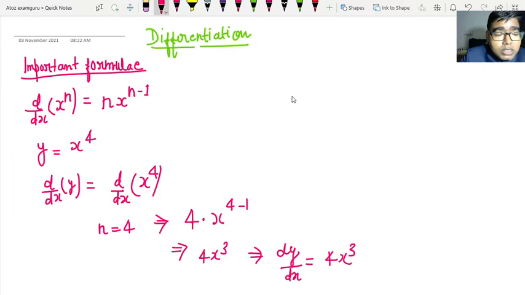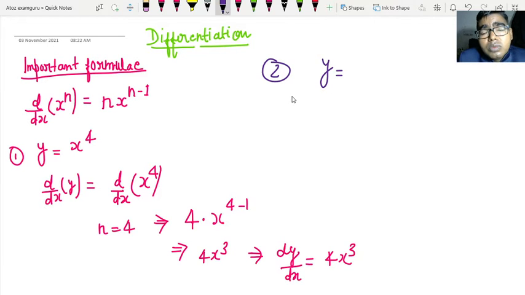So this is the case, and this can be applied in a number of ways. Let us see one more question, so that it should be clear to you in more detail. Let us take y equal to x to the power 4, whole to the power 5, right?